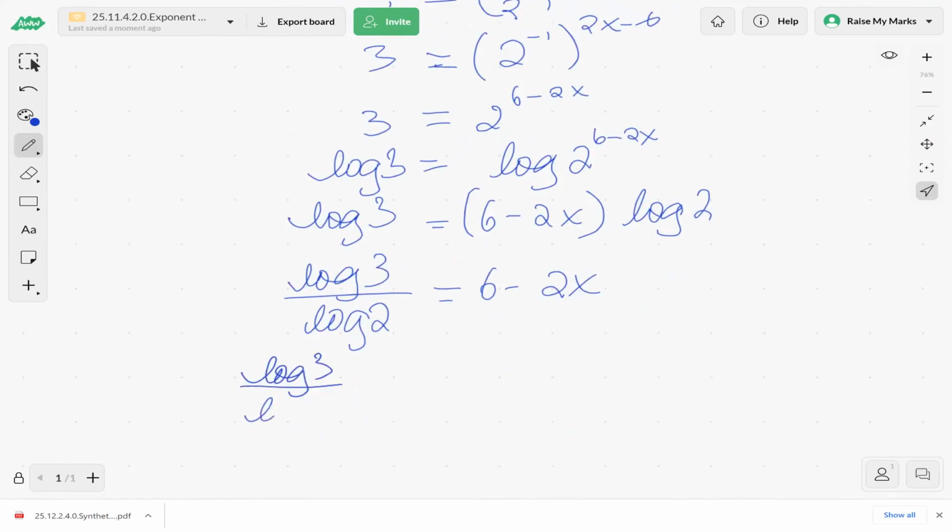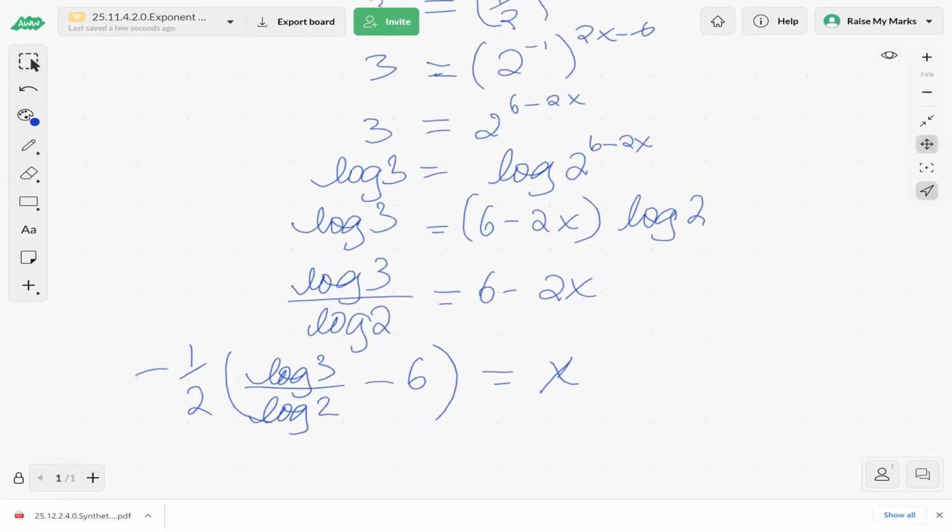Log 3 over log 2 minus 6, all divided by negative 2, and that's our x value. That's a bit of a mess, but I can punch that into our calculator, and that's indeed a positive number. So we have these values, but we need to actually graph our function.